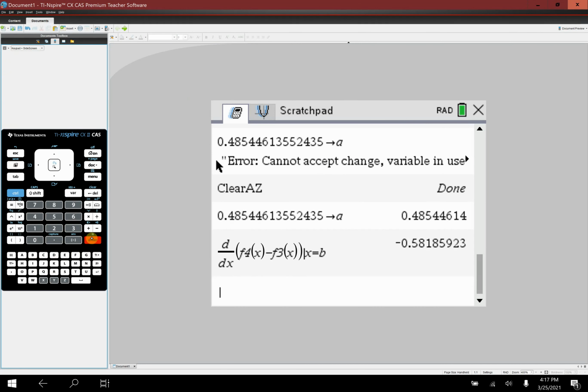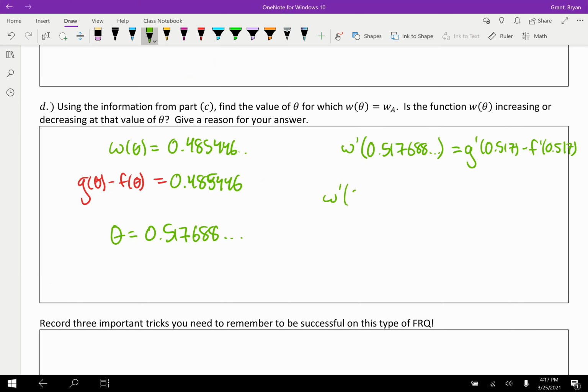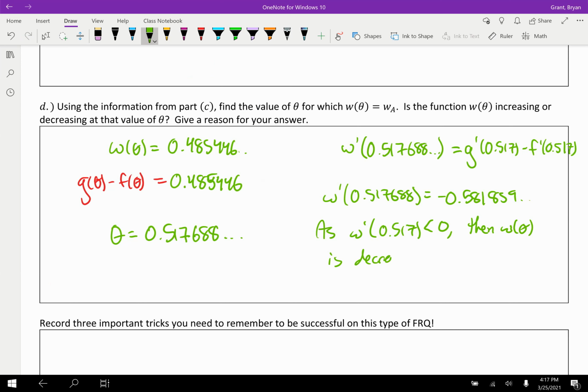Negative 0.581. That seems to make sense to me. So we find that w prime of 0.517688 is equal to negative 0.581859. So as w prime of that is less than 0, then w of theta is decreasing.